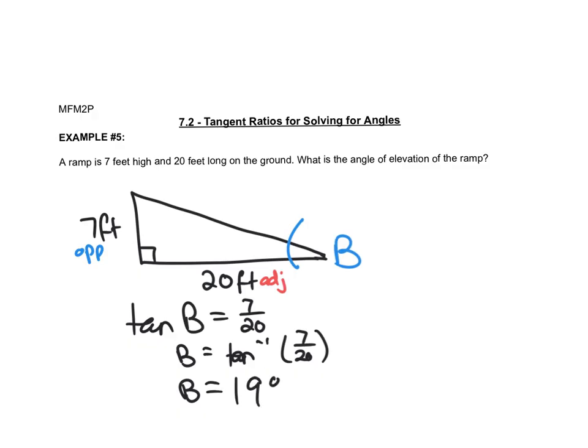So when we put inverse tan of bracket 7 over 20, close the bracket, into the calculator, I get 19.29, which is rounded to 19 degrees.